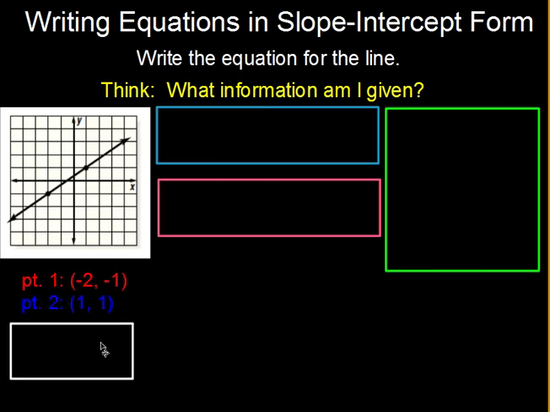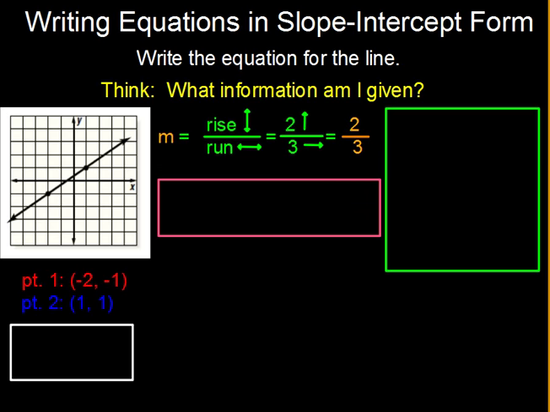So let's say that we have these 2 points, which are here on the graph, -2, -1, and 1, 1. We could find the slope by doing rise over run. And remember, rise shows the information moving up or down, and run talks about going left and right.